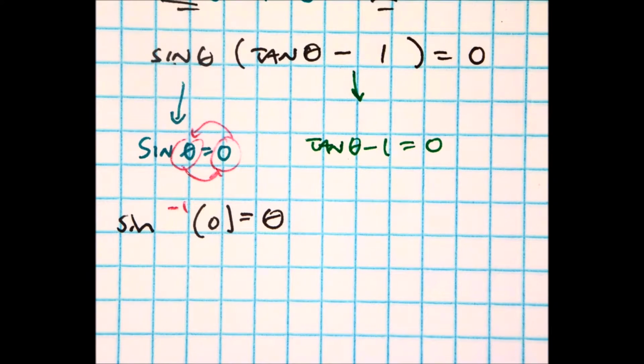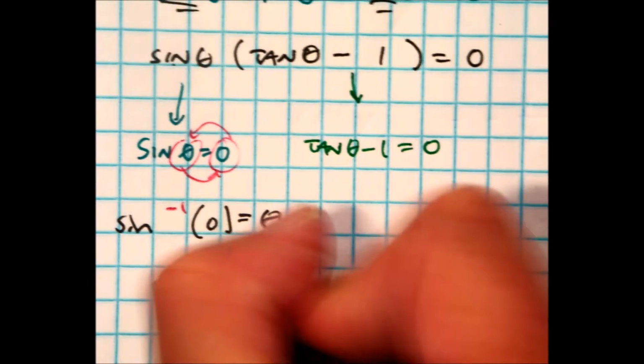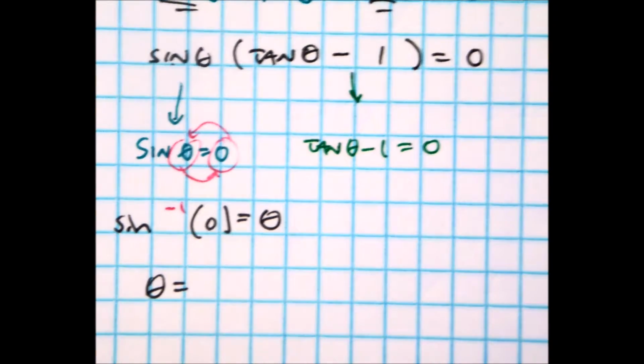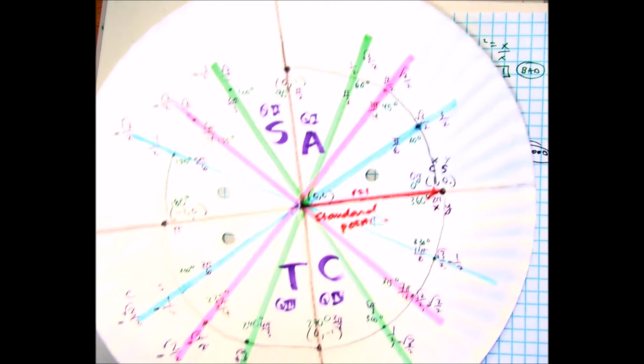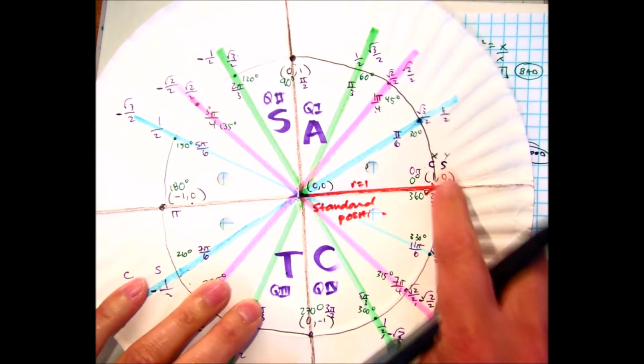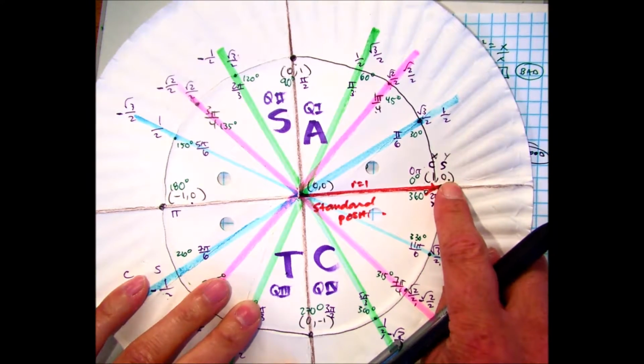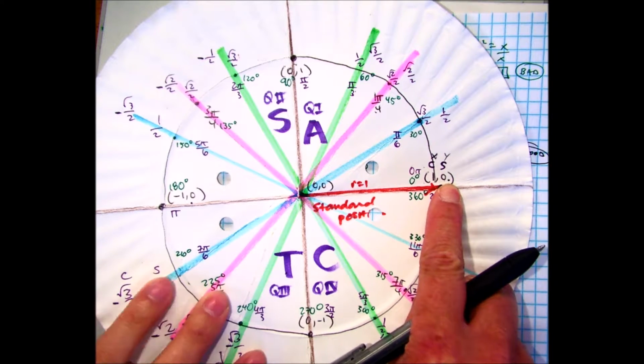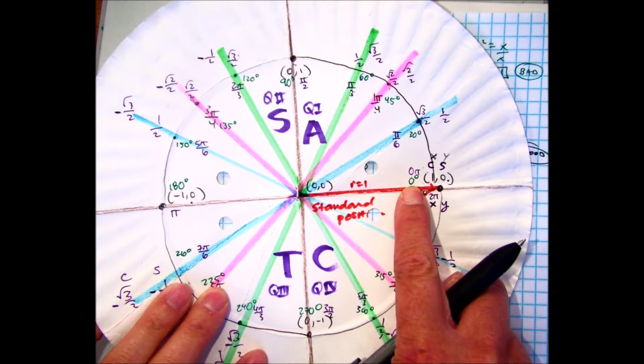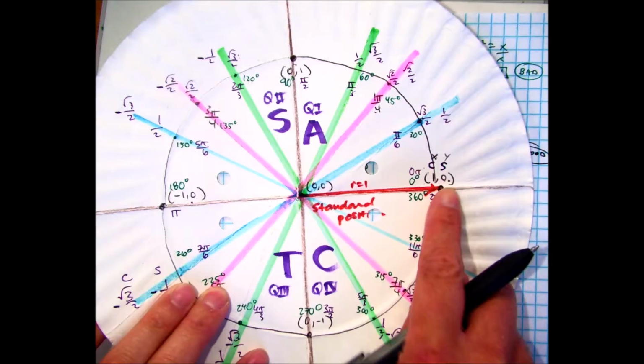If I use my unit circle, put your finger on those 2 locations. I'm looking for sine. Well, sine is the second order pair to my y values. So here sine is 0 at 0 degrees and 180 degrees.